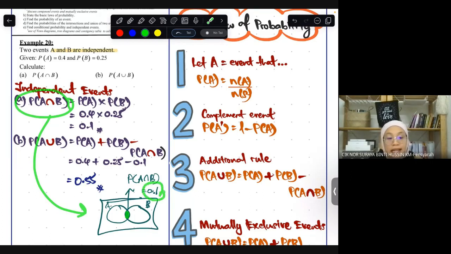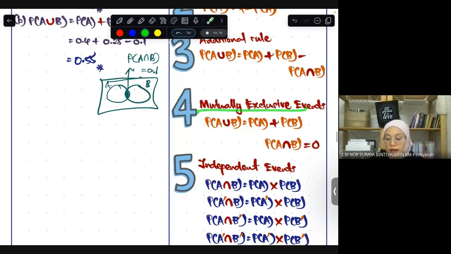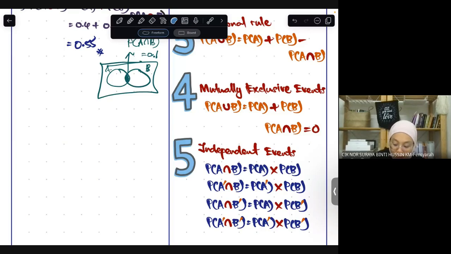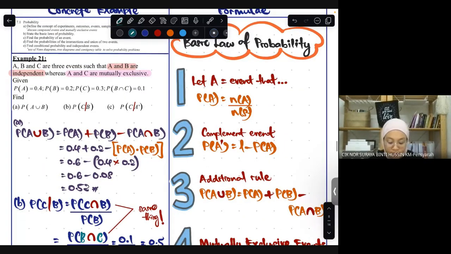Dia mempunyai nilai probability, therefore lukisan sentiasalah gabung di antara event A dan event B. So lebih jelas ya dekat situ, independent event lukisan dia adalah bersambung, tetapi kalau mutually lukisan dia adalah tidak bersambung. Itu je lah yang saya boleh concludekan buat masa ini dalam masa yang sangat singkat.